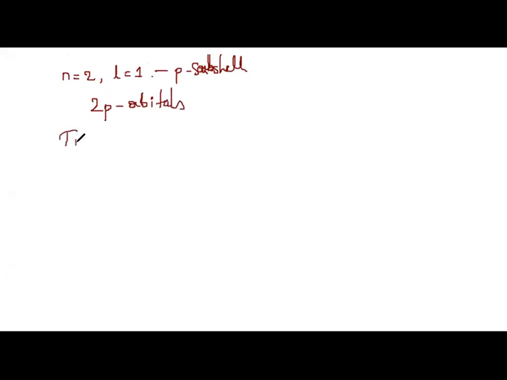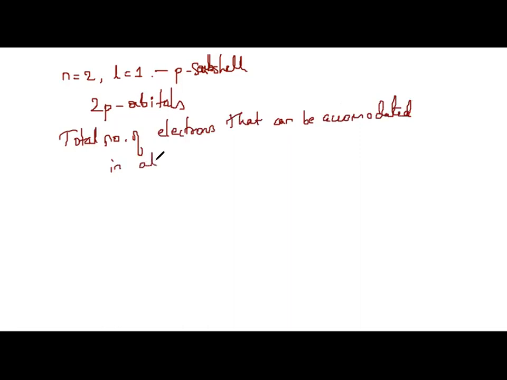So total number of electrons that can be accommodated in all 2p orbitals.